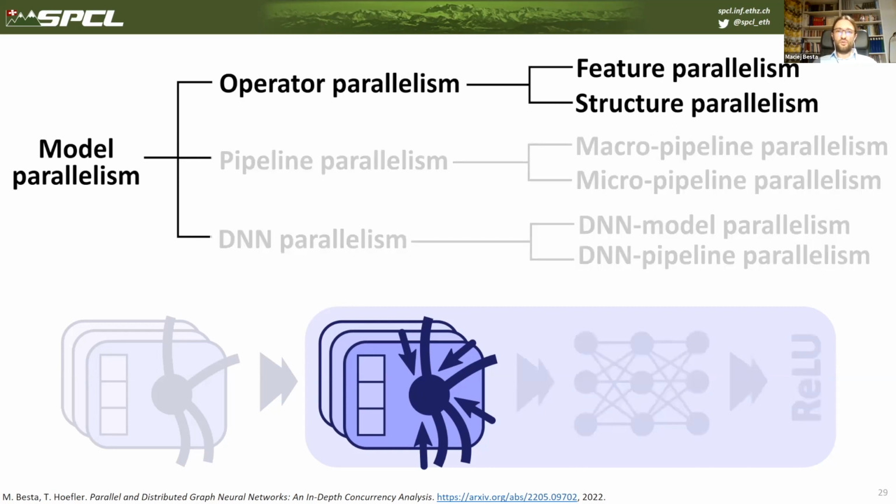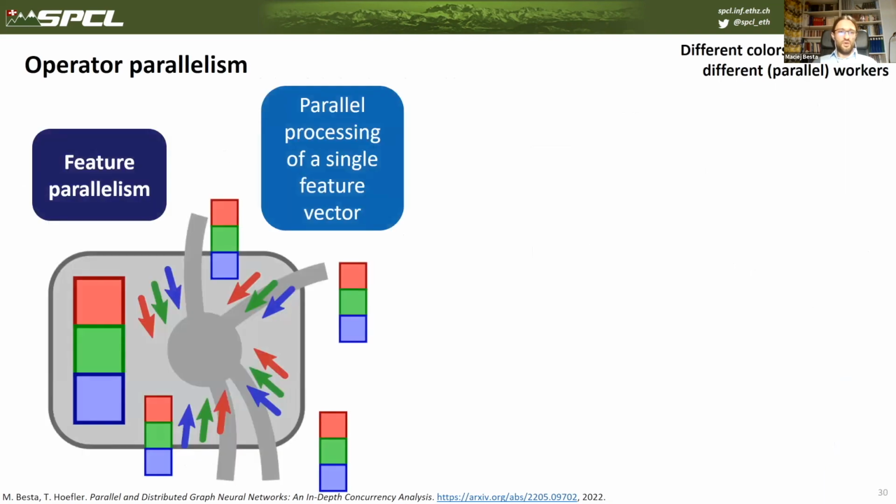Let's start with operator parallelism, which is something we apply to the graph convolutional stage. Here we can again see our single vertex sample. In the first class of operator parallelism methods, we have a class called feature parallelism, in which we parallelize the processing of a single feature vector. Right? So it's a pretty fine-grained way of parallelizing the GNN computation. We do it by assigning different features to different workers.